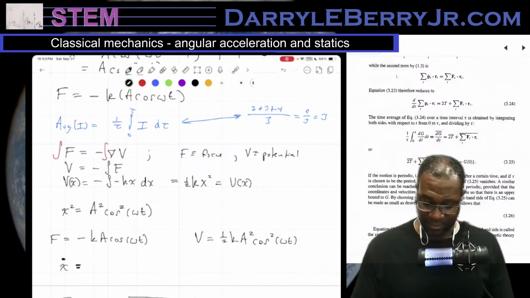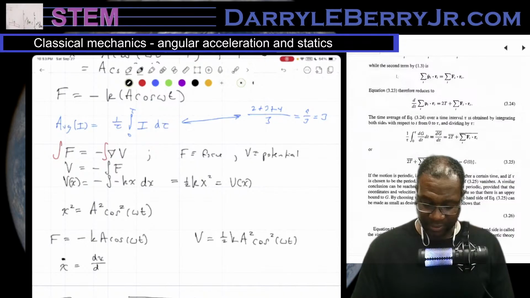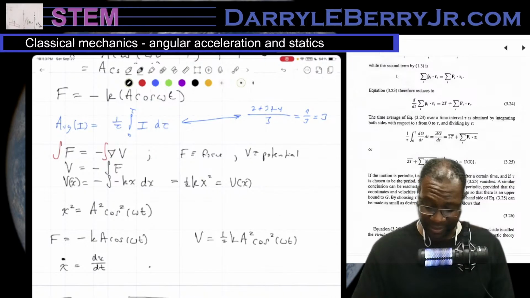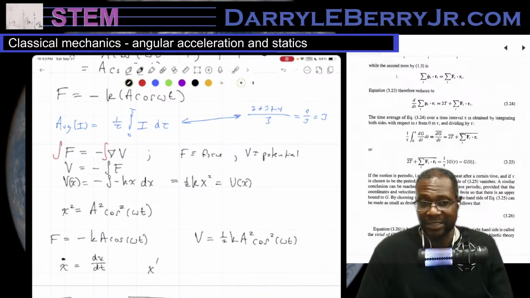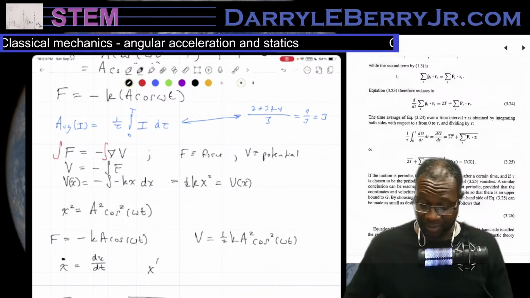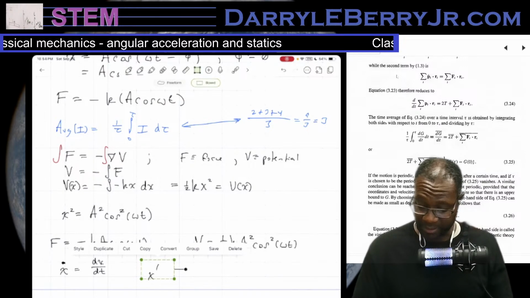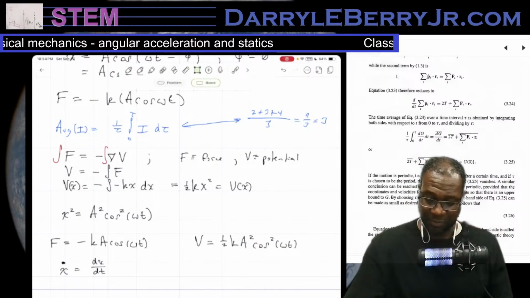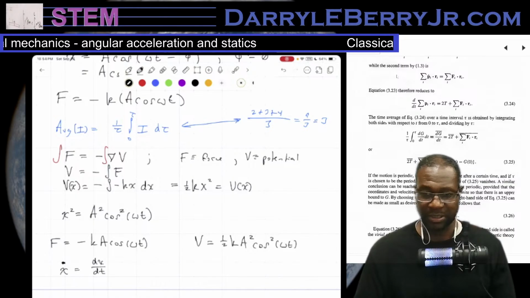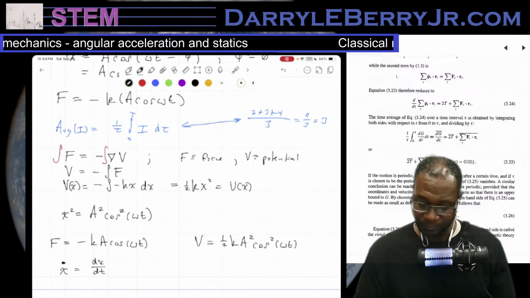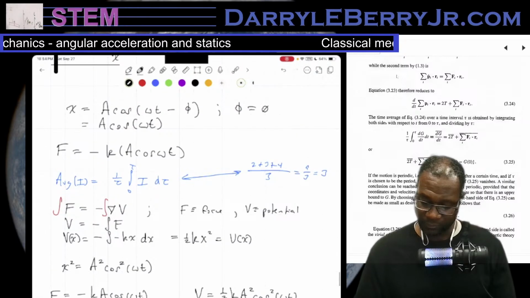So x dot is dx over dt. And if you see a prime, like x prime, that's usually a derivative over something else, like dy dx. But I actually like to put primes and dots on everything, because primes take up a lot of space and interfere with things, like if you have an exponent on your x prime. So I always like to do it on both.